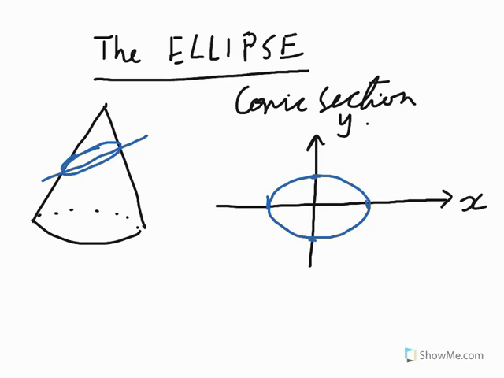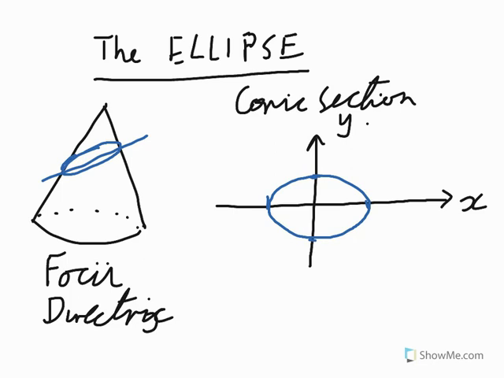So there's these things that they look at called foci, directrix, and eccentricity.